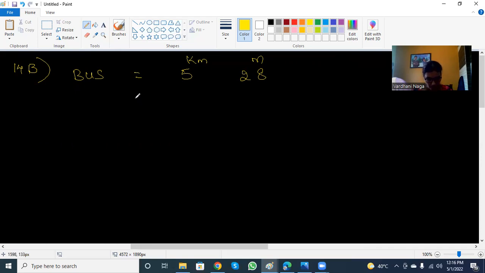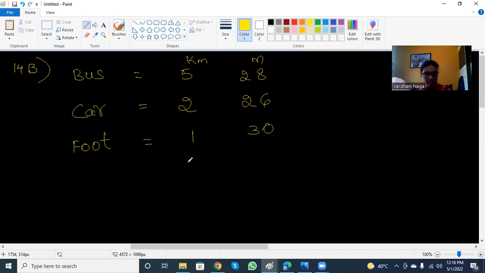Next, 2 kilometers and 26 meters by car. And the rest by foot, 1 kilometer and 30 meters. So under the kilometer you have to write all the kilometers. Under the meter you need to write all the meter digits.